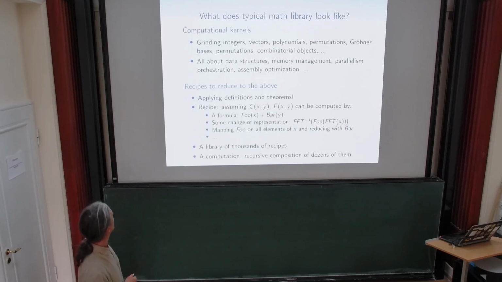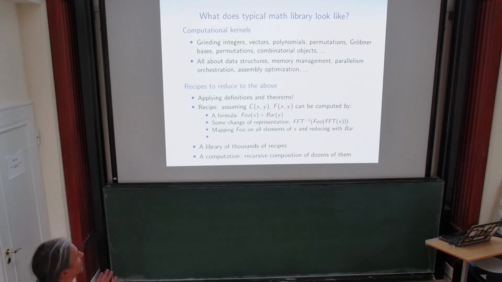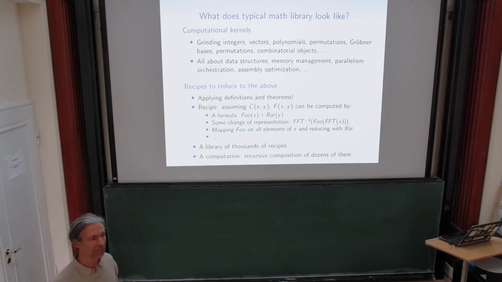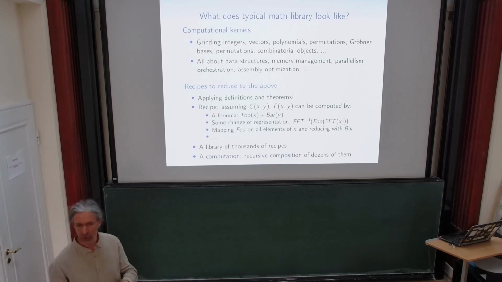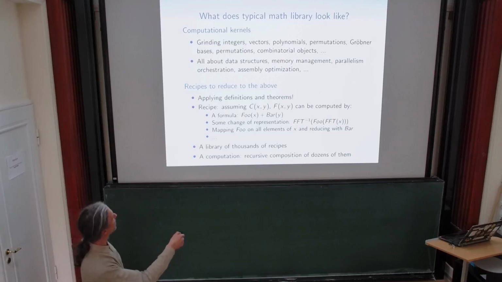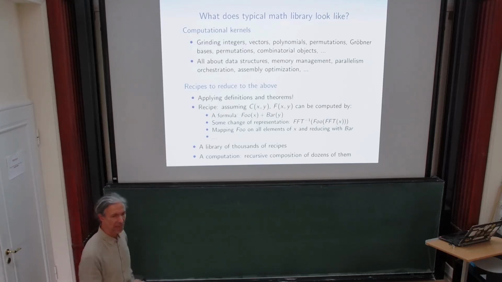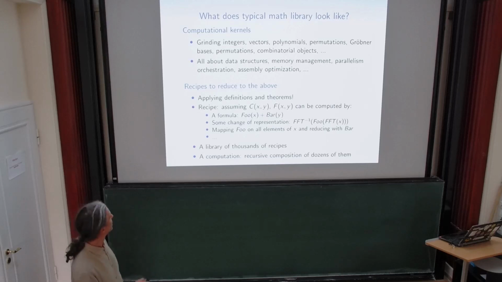To analyze it better, we need to have a look at what a typical computational math library looks like. Usually you have two parts of very different natures. You have computational kernels. That's where you will be doing the heavy lifting: grinding integers, computing with polynomials, and all these things. It's all about data structures, memory management, parallelism, assembly, etc. I'm not going to worry too much about this part.